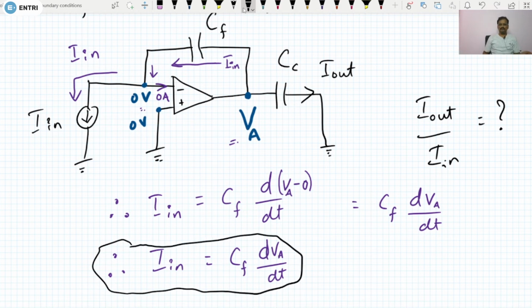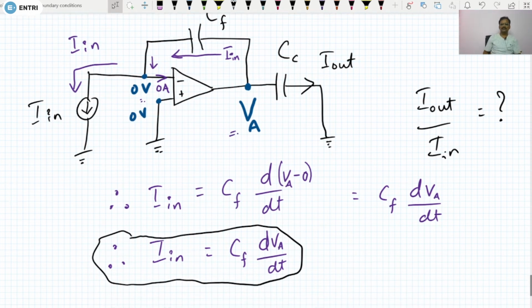Now see here, what is I out here? I out is also the current through capacitor CC. So I can write I out is equivalent to CC into d by dt into the voltage across the capacitor, that is VA minus 0, which is nothing but 0 volts.